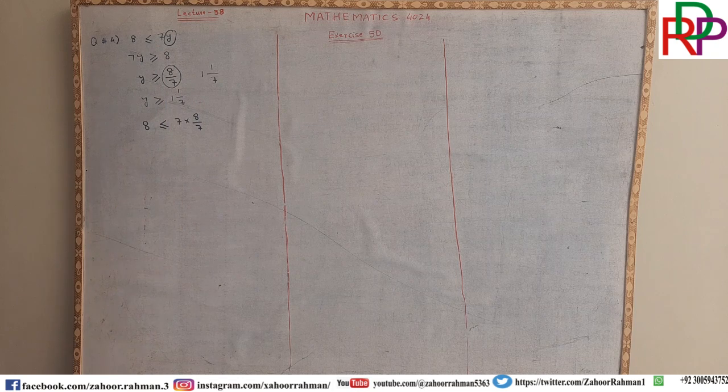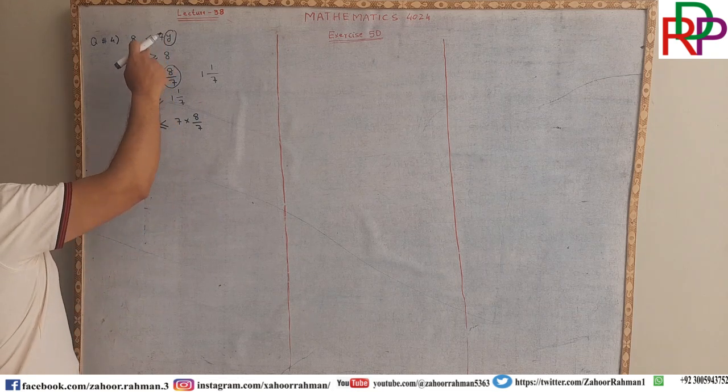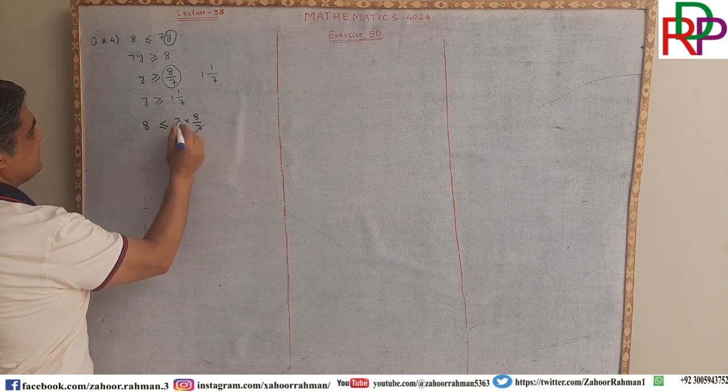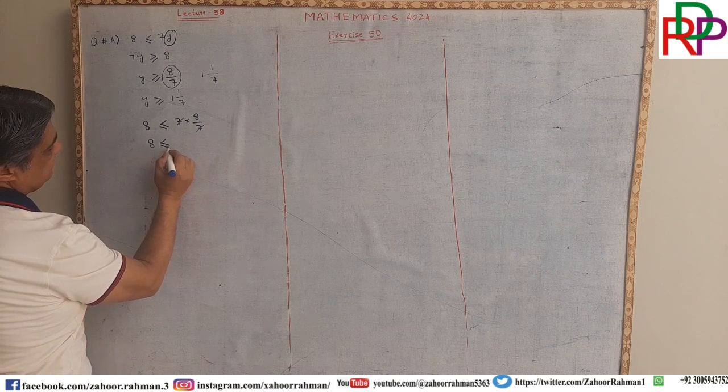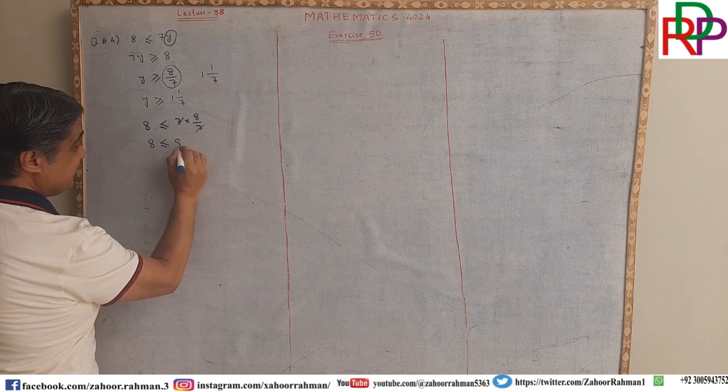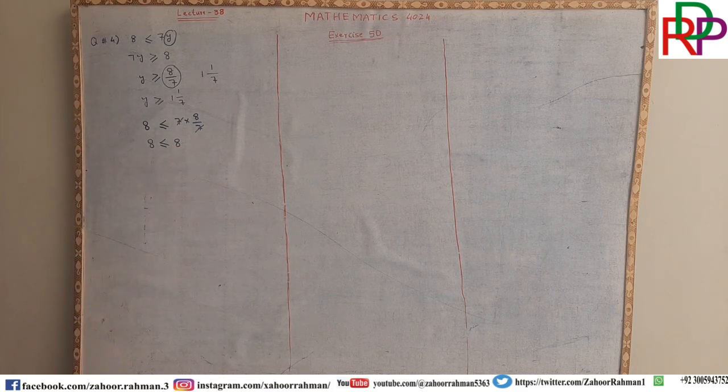We put the value of this y. 8 divided by 7 times 7 is 8, so 8 is either less than 8, which is not correct, but the other option is also there, or equal to 8.